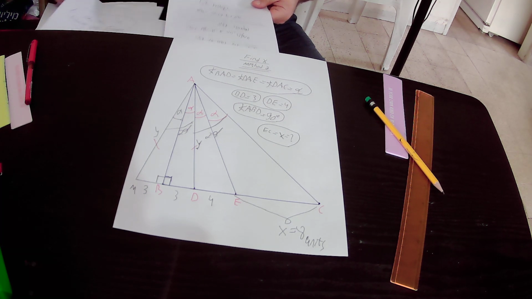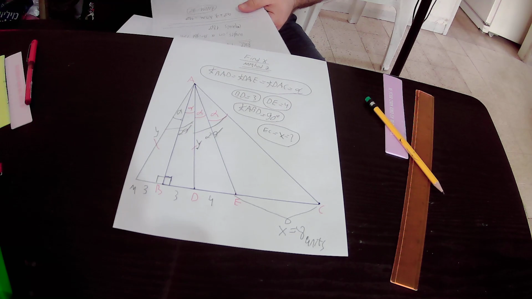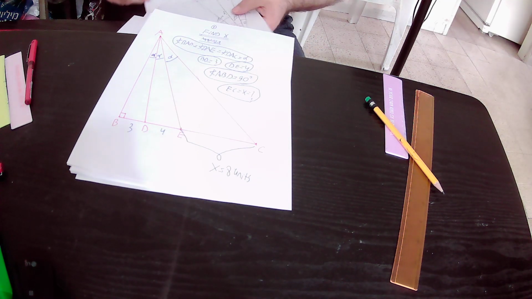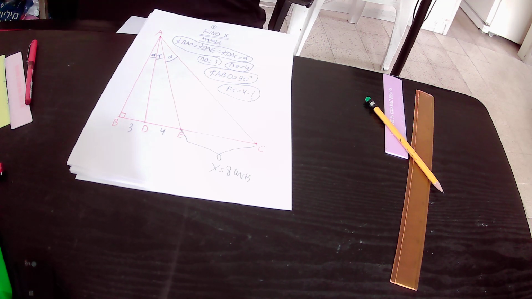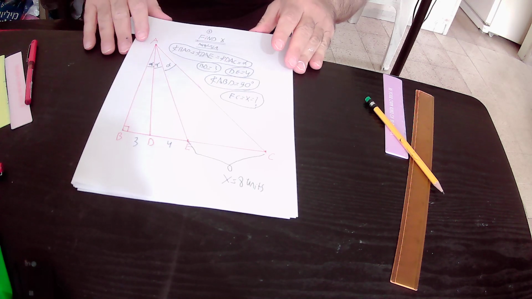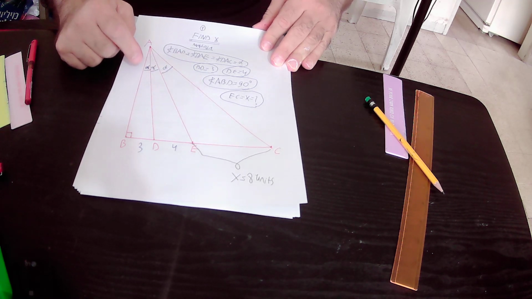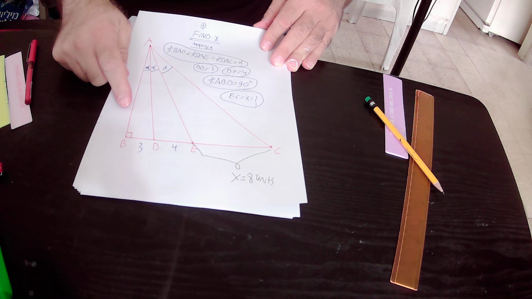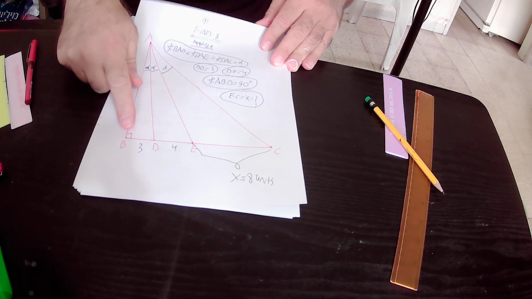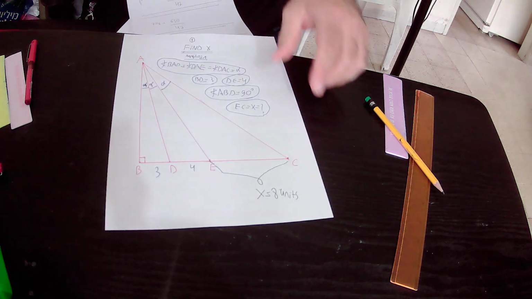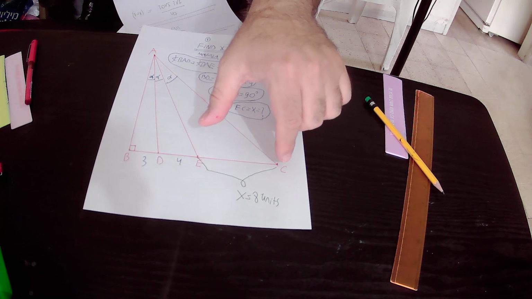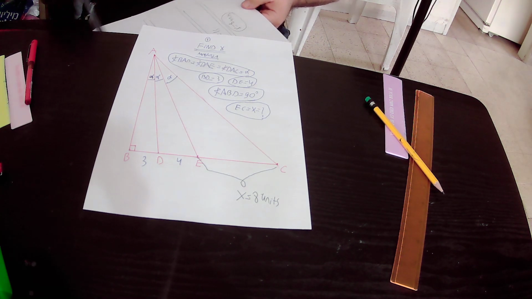And we also know that BD equals 3 units, DE equals 4 units, and triangle ABC is a right triangle because angle ABC equals 90 degrees. And we want to find the value of x, that is actually EC.